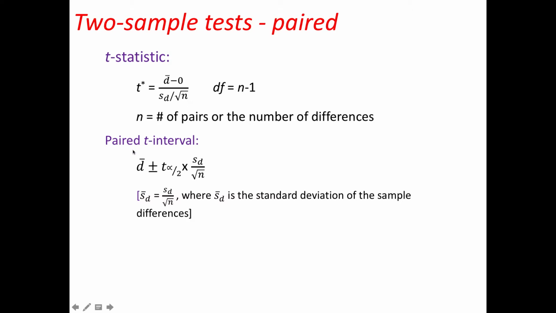Your paired t-interval looks like this: the mean difference plus or minus t of alpha over 2 times the standard deviation over the square root of n. And again, the standard error of the difference is the standard deviation over the square root of n, and s sub d is the standard deviation of the sample differences, as I mentioned before.